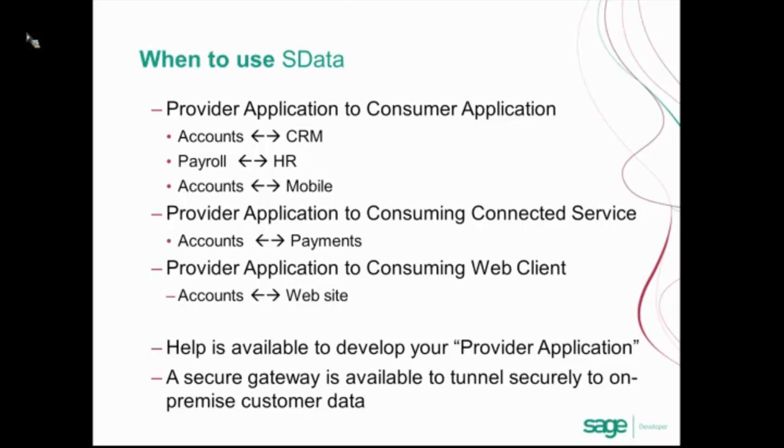Now, this is a way in which you can securely provide access to on-premise data to your clients. So when you have an on-premise SData provider, you can use the Secure Gateway to route requests in via the internet. So you can have third-party applications, cloud-based applications on the web, tunneling in securely to an on-premise Sage customer. And there will be a separate session on that available.